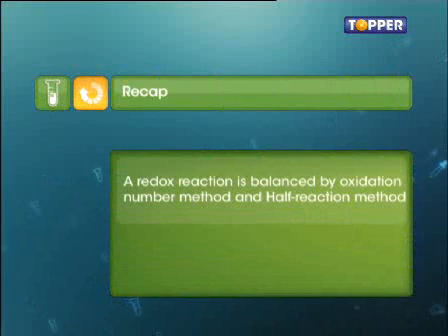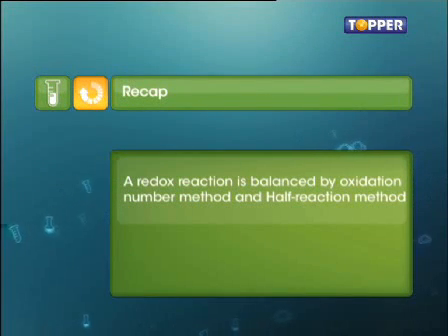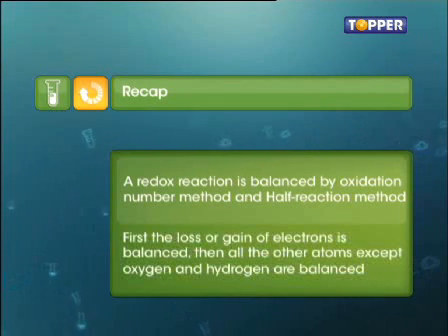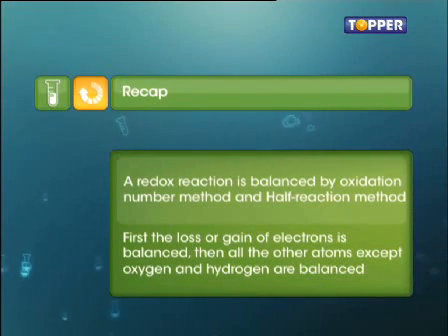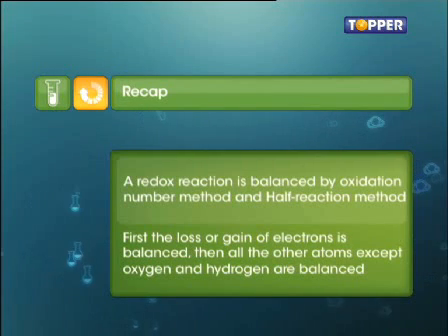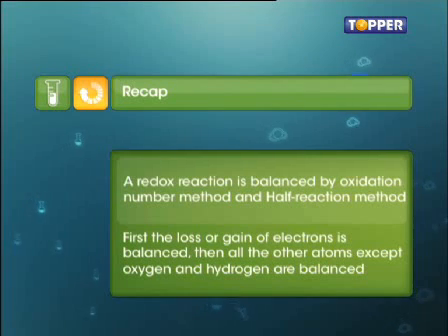It's time now for a quick recap. In today's episode, we learned that a redox reaction is balanced by the oxidation number method and the half reaction method. To balance a redox reaction, first the loss or gain of electrons is balanced, and then all the other atoms except oxygen and hydrogen are balanced.